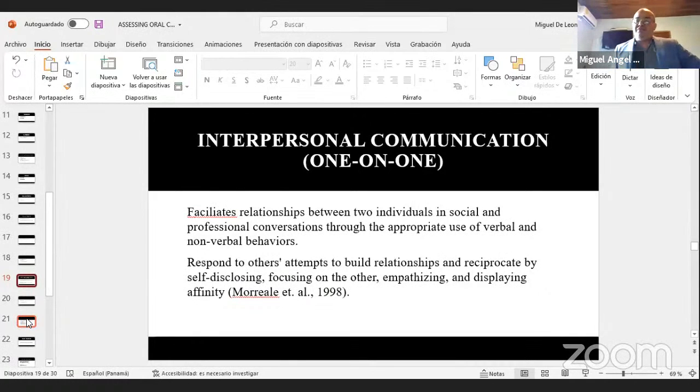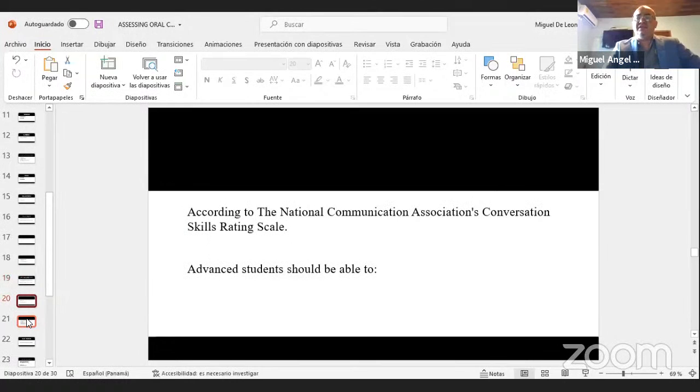To build relationships successfully, obviously there is an awareness. Like I said, if you see that someone is Latino and then I fail, the native speaker would understand that maybe there is a cultural barrier there that is blocking this effectiveness, right? Still, we should work and design activities that encourage that.